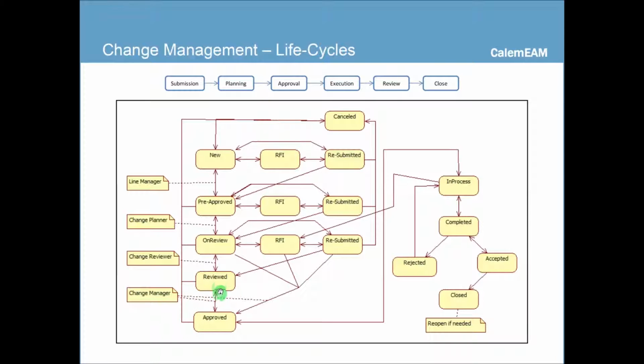Change manager gets notified when the MOC is all reviewed, and a change manager can approve an MOC. Once it's approved, it's put into the execution phase until it's completed. Then the change manager can review it, accept it, and close it.